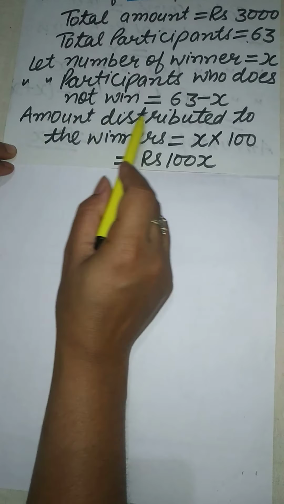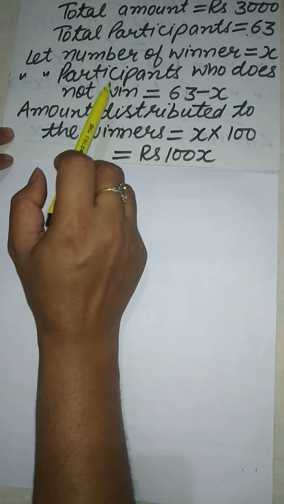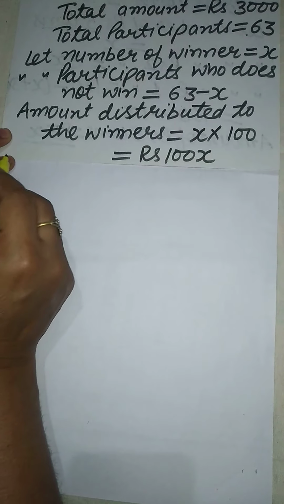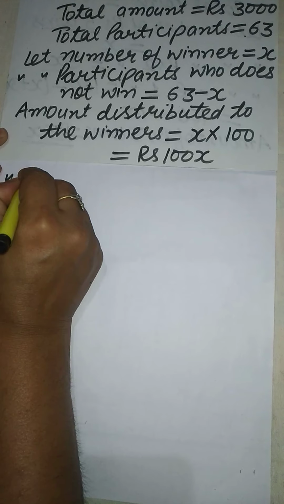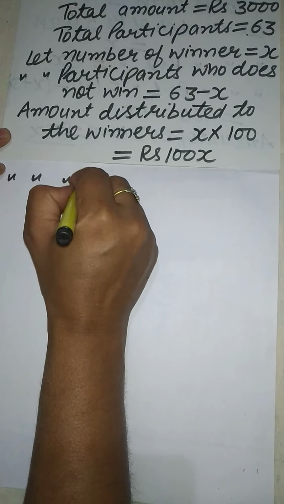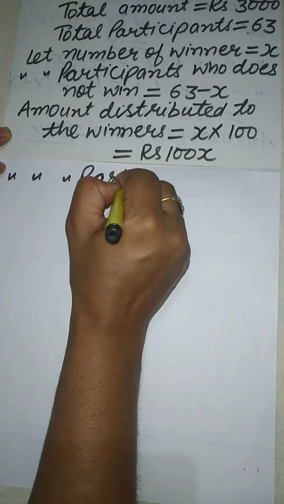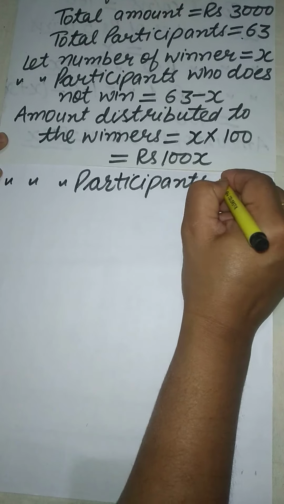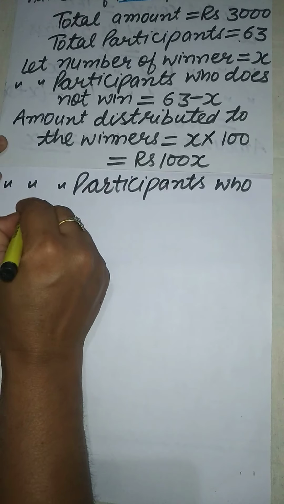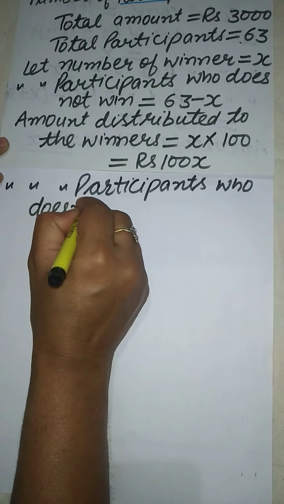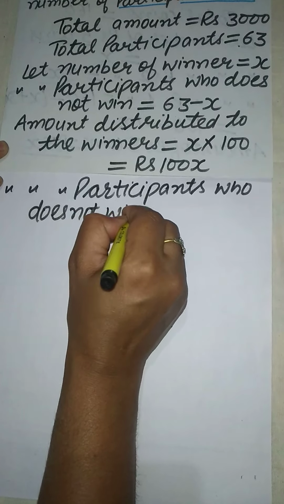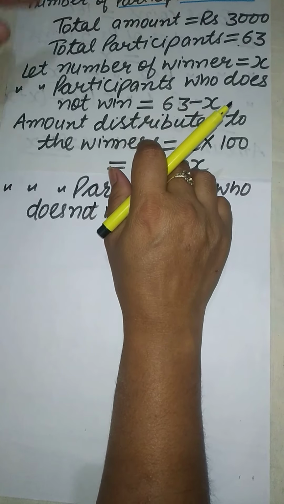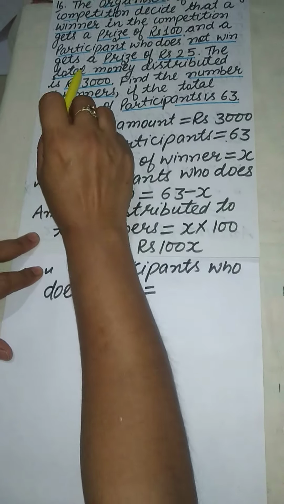Now the amount distributed to the participants who do not win is equal to the prize of rupees 25 that each person who does not win gets.